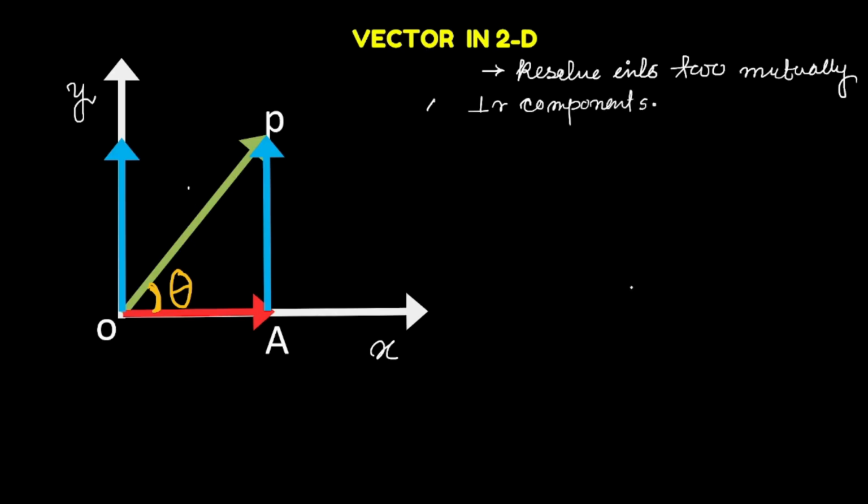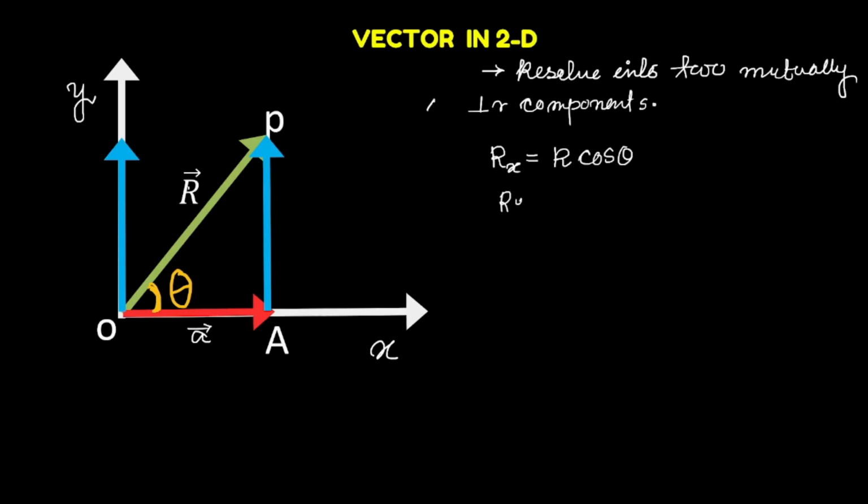Suppose this is your r vector, and this is your a vector, this is your b vector. This r vector has some component along x, and if the r vector makes an angle theta with the x-axis, then its component along x is written as r cos theta.